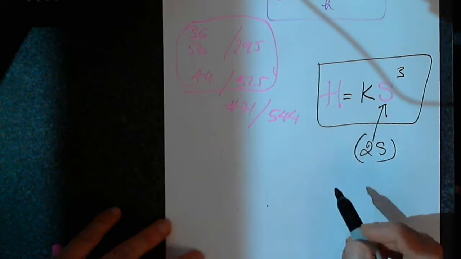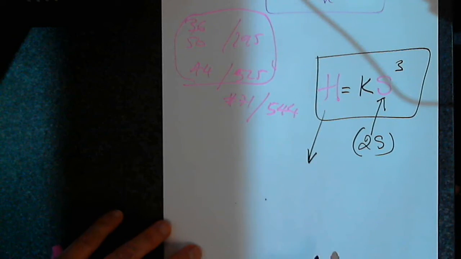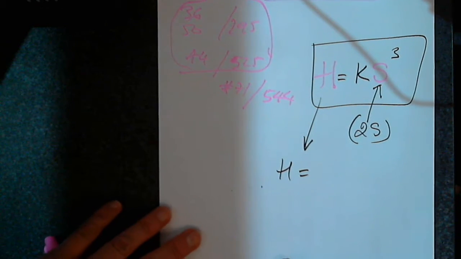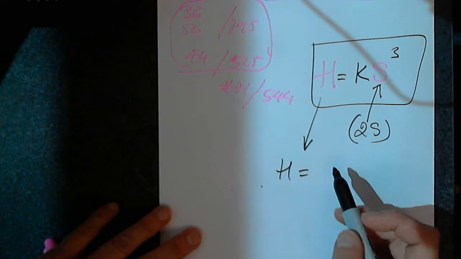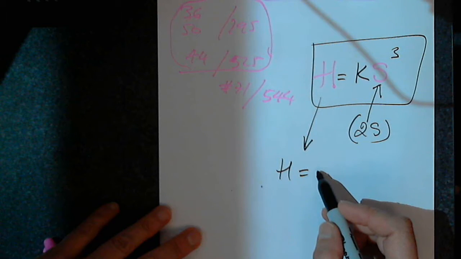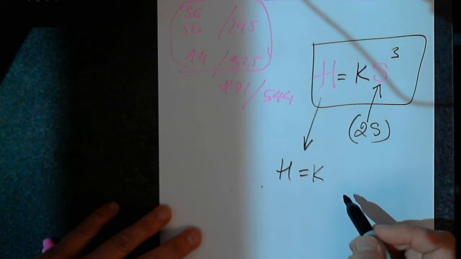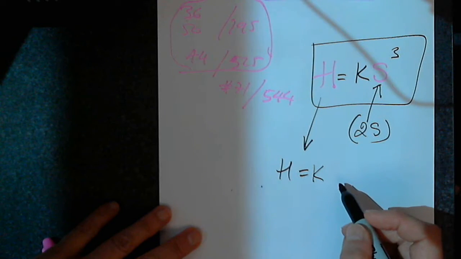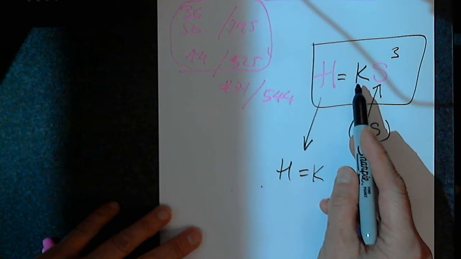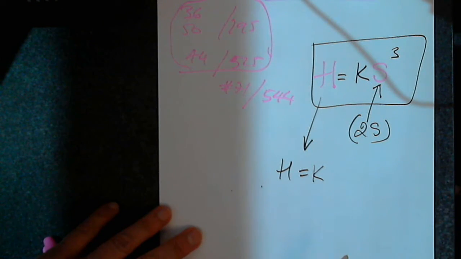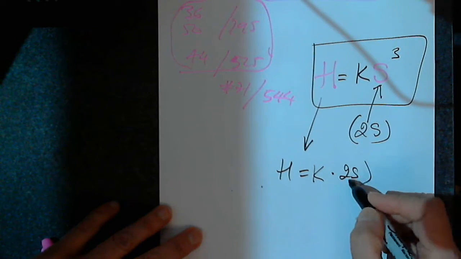So we're asked to find the horsepower if we replace S by twice S. Can anyone dictate what I should write? K, to the third power, times 2S, everything cubed.